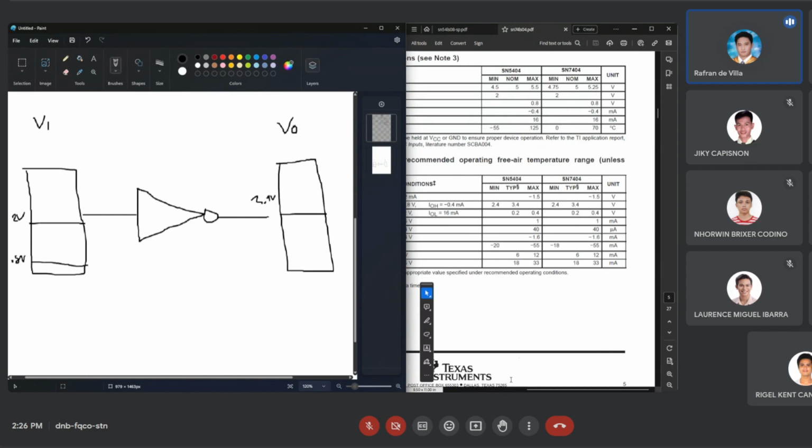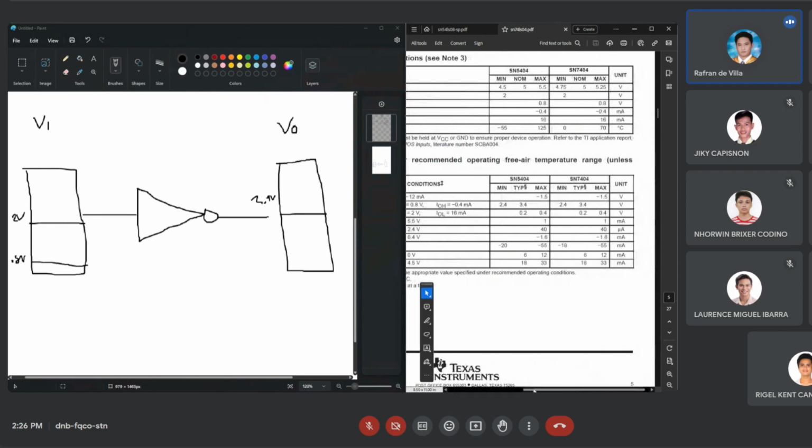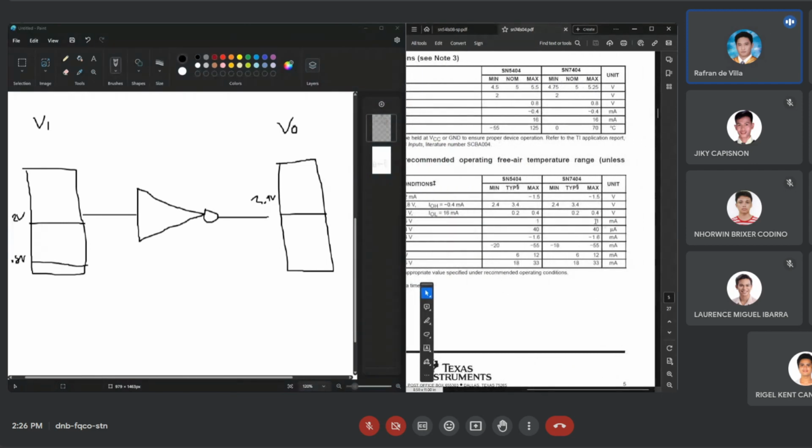Its voltage output low maximum is 0.4, and the typical is 0.2, which is okay.